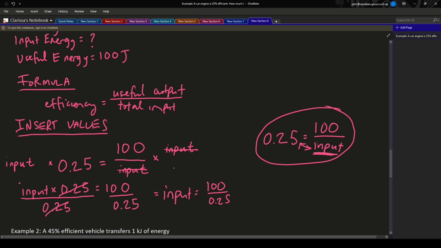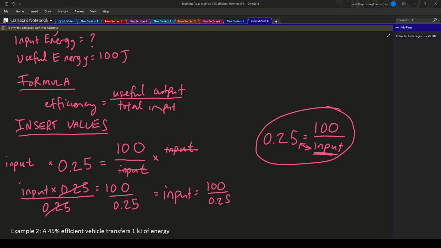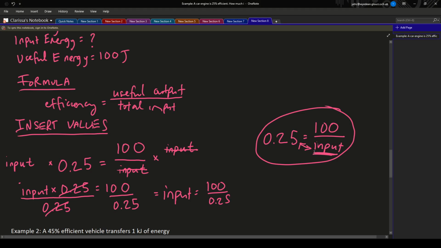So the quick method is just for you to know, whenever you see a variable that you're trying to solve for at the bottom, it can just go swapsy with whatever is on the other side of the equal sign, and then you put that on the bottom. So this, which is what we had when we first substituted in, became that.